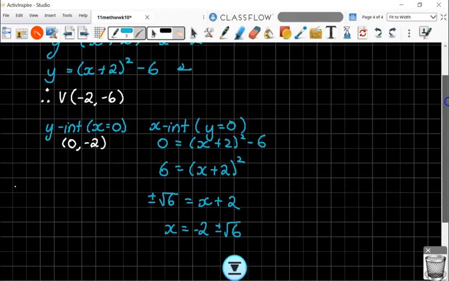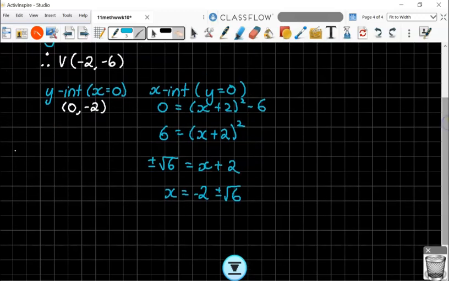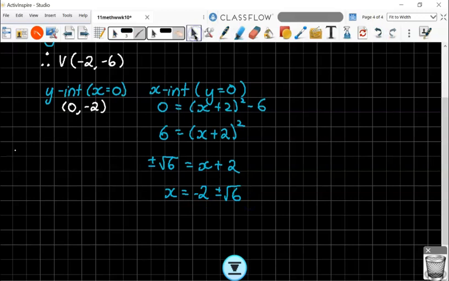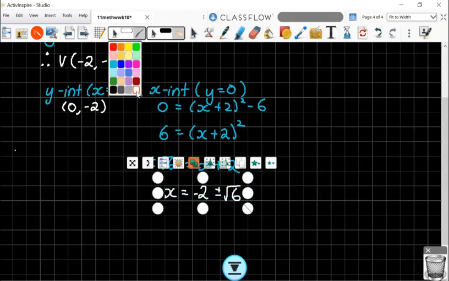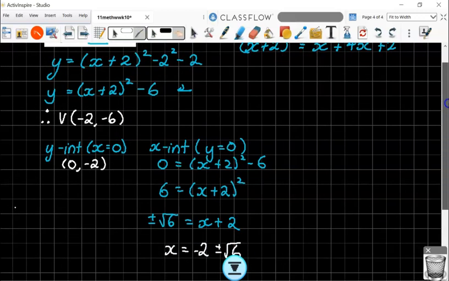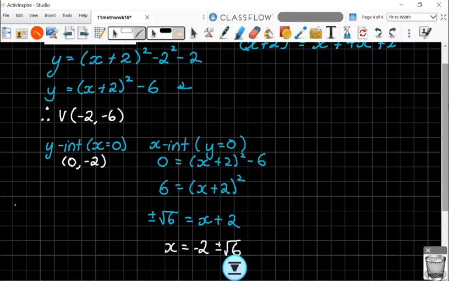We're now going to sketch the sucker. Okay, are we concave or convex? Convex, positive.